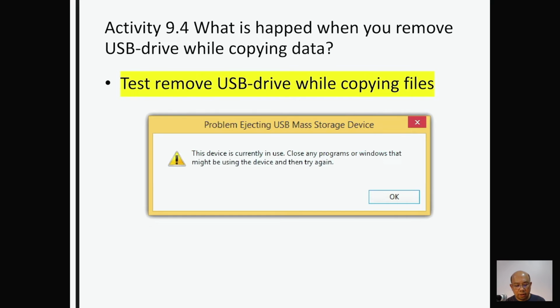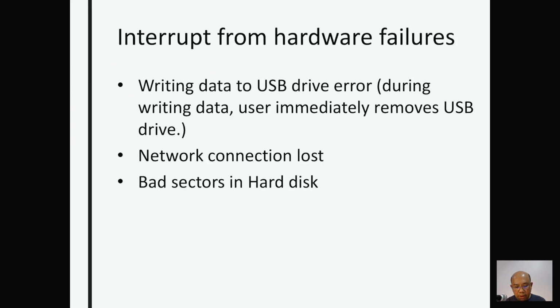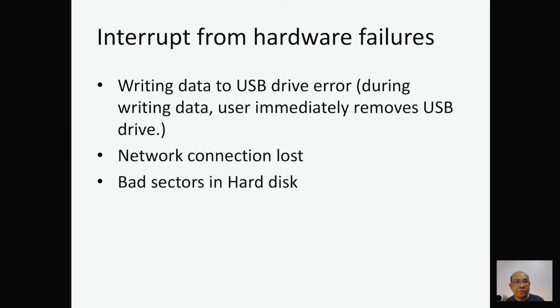A hardware failure error can occur when transferring data over the network and the network connection is lost. Another main error on computers is generated from a bad sector on hard drives, because some locations on the hard drive are faulty.